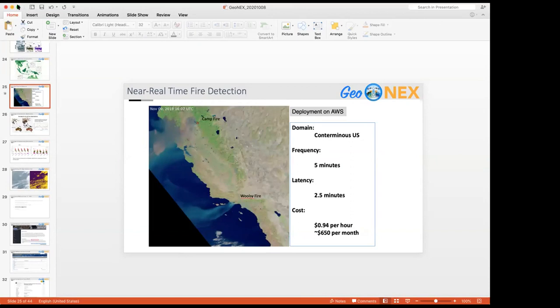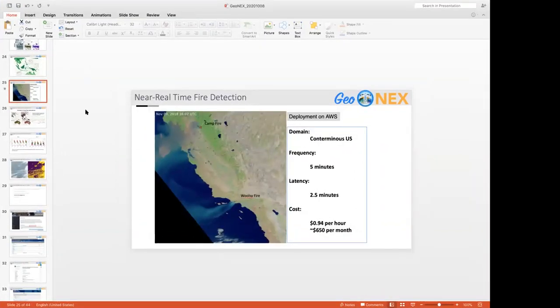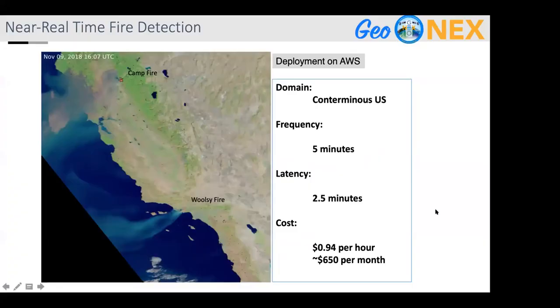So the idea is this. I talked with Ram the other day about this. Currently, we are processing GOES, Himawari data all on NEX. That's a NASA supercomputer located at Ames. But we can push our data to AWS.